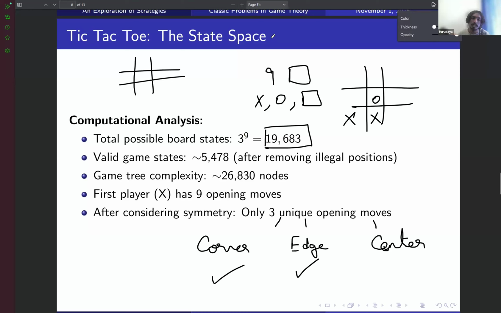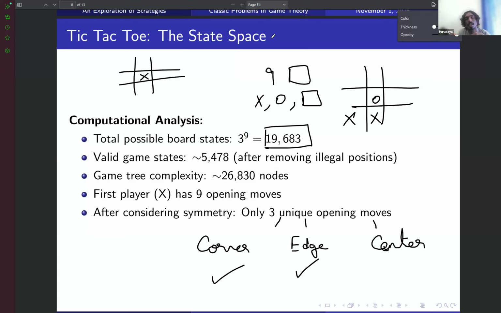X plays in the center, right? Yes, sir. Sir, now O plays in the edge or corner. But O has more possibilities, 8 possibilities to be correct. Yeah, O only has two.